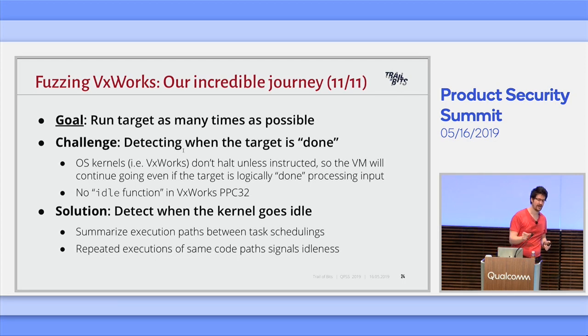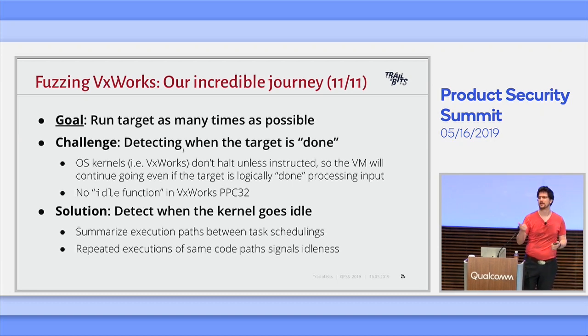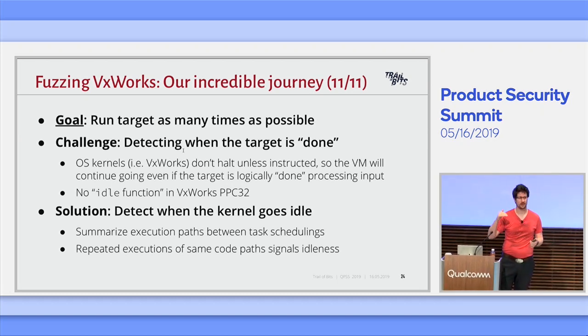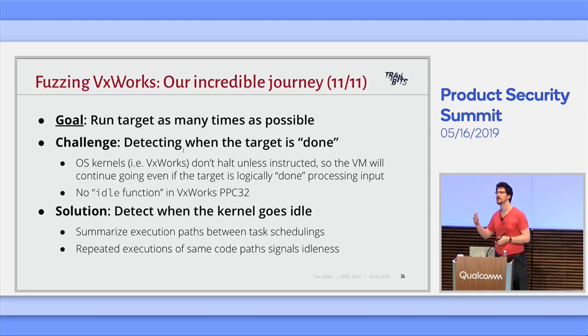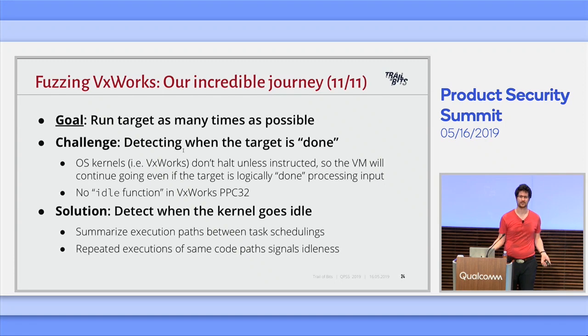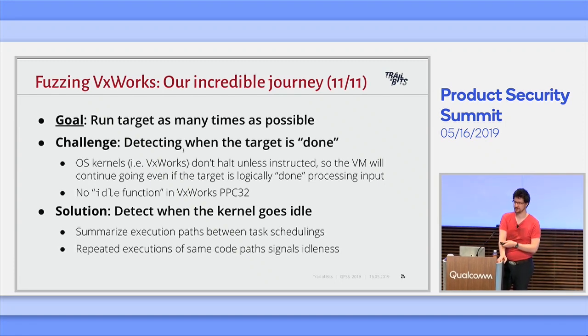We took the same pseudo-random number and mixed it continually into a summary value every time a block executes, so it ends up being a summary coverage. We save it off every time we get to the schedule function, reset it, and keep going. If we observe the same values over and over again, the same path has been executed. I think that was particularly clever, and it worked really well.